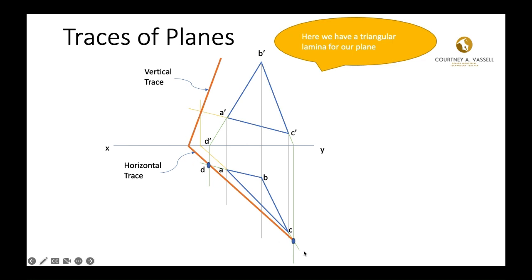So this is how we get our horizontal trace and our vertical trace. So H, V, and we're going to have T there. So we have our HT and our VT. That is it.